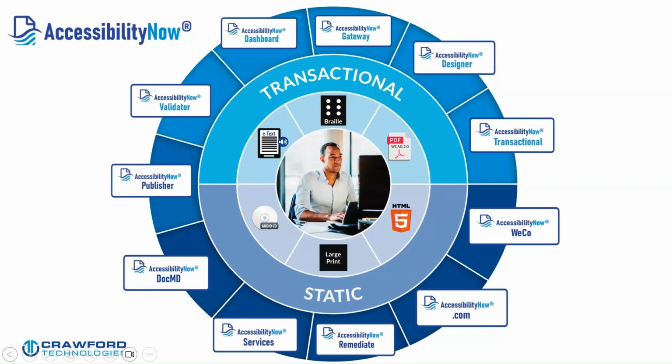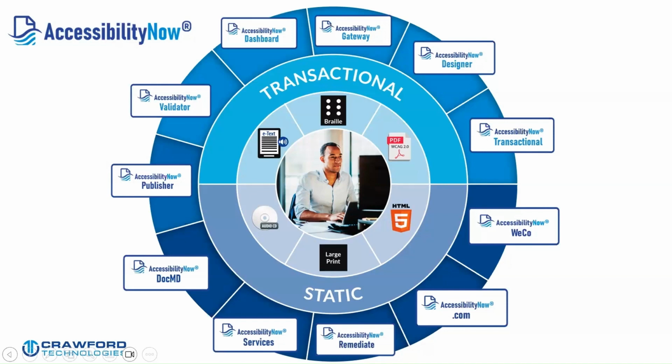And that platform is able to handle two types of documents you'll see here. We divide documents into two categories, and mainly that's because the solution required to make those PDFs accessible is slightly different depending on which category your document falls into.